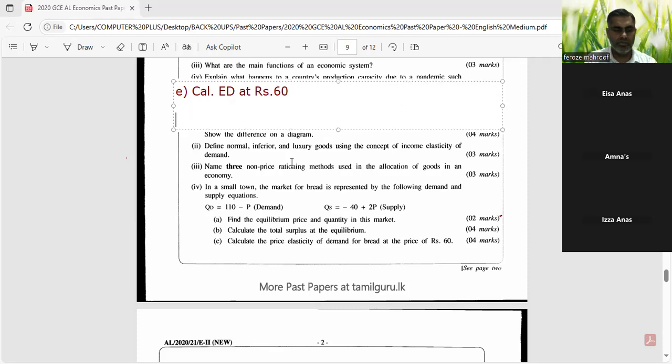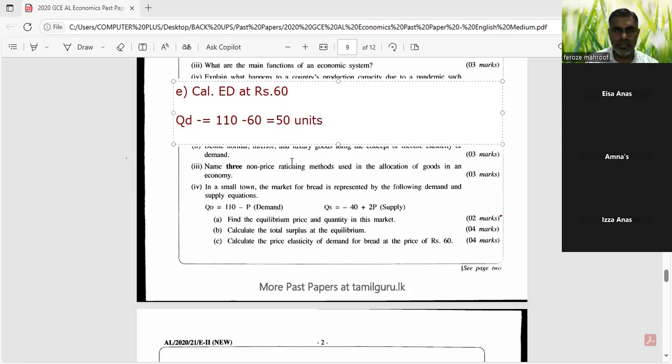Now what should we do? QD is equal to, you have to see the QD value. QD is equal to 110 minus price, and the price is 60, no? So the answer is 50 units. Then we have to find out the QS.